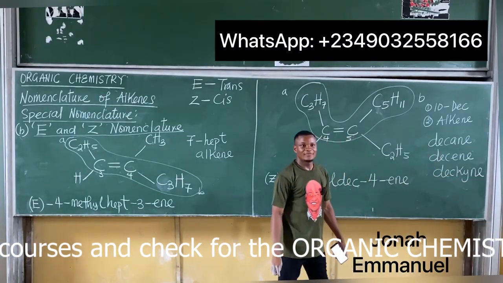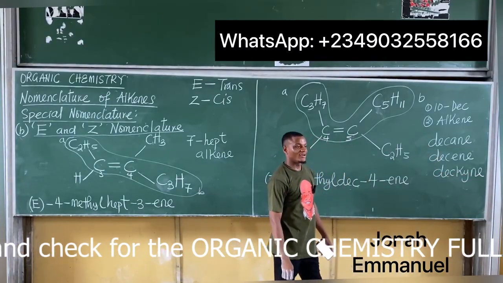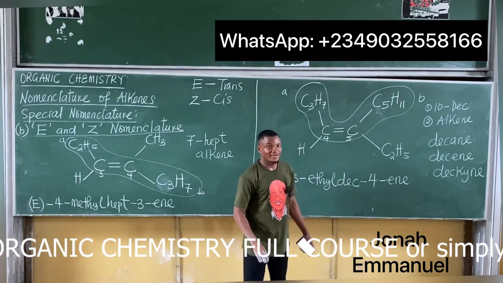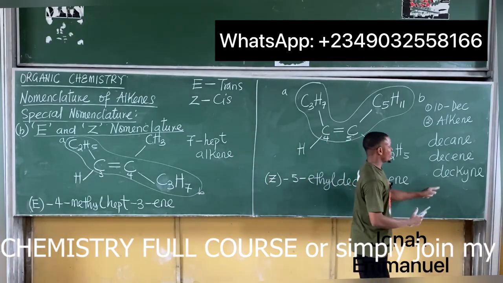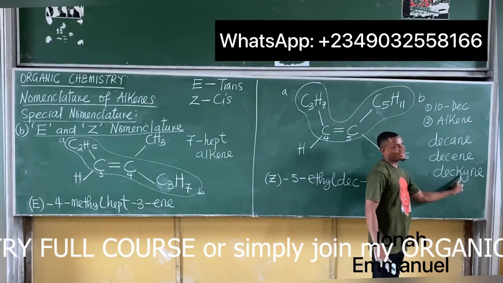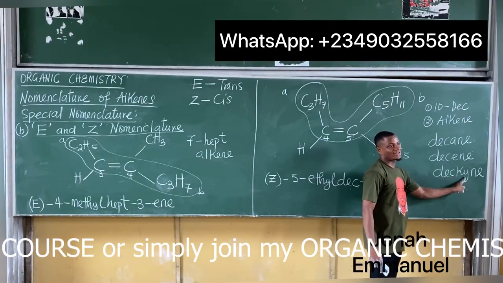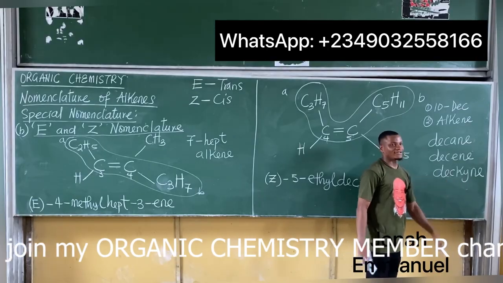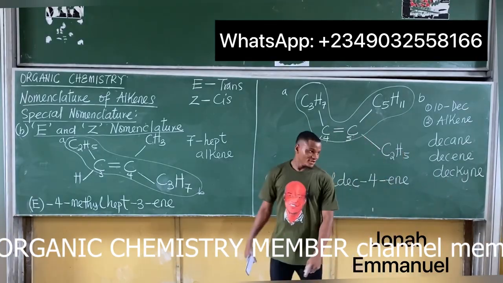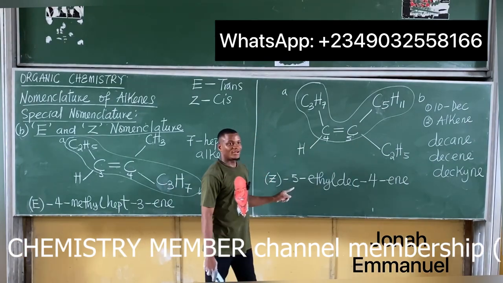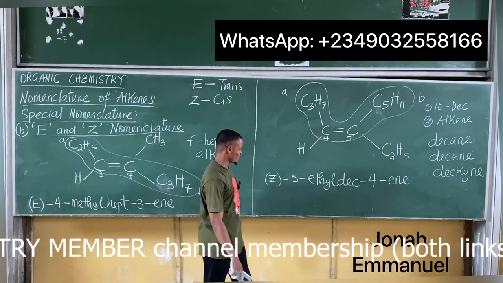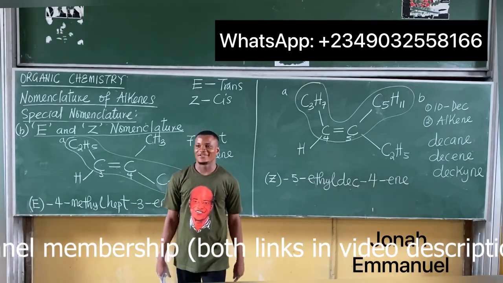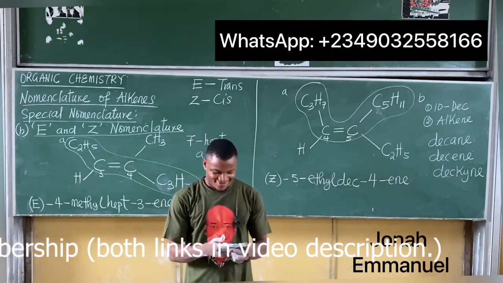Sorry, this is called decene, right? Yes. If this is Bec, it's called Beck. So dec, decene. Right. So it's called decene. All right. So E-5-ethyl-dec-5-ene, please. That's the name. All right.